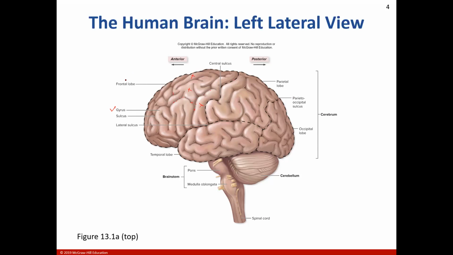So you have frontal lobe. This is the left frontal lobe because we're looking at the left side. And then you have the parietal lobe. And this is really important. The parietal lobes and the frontal lobes are separated by a sulcus called the central sulcus. This is really important that you know central sulcus.